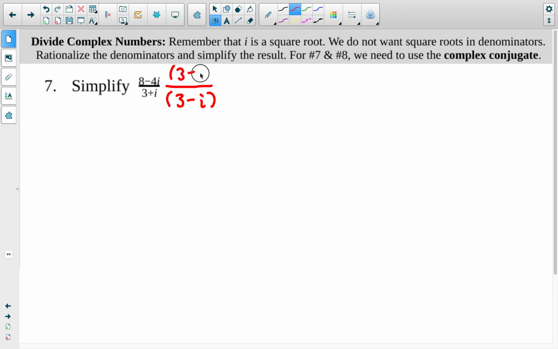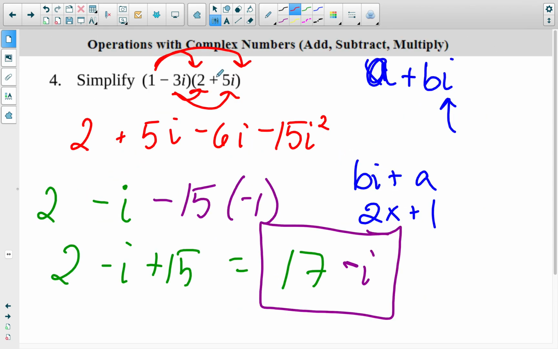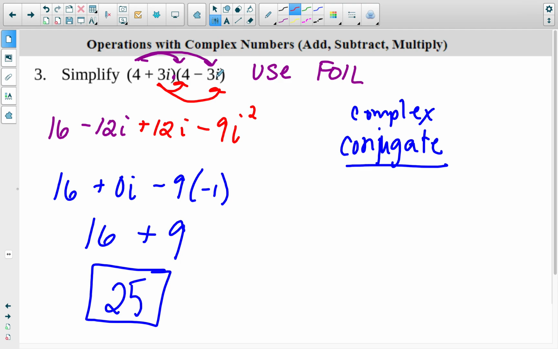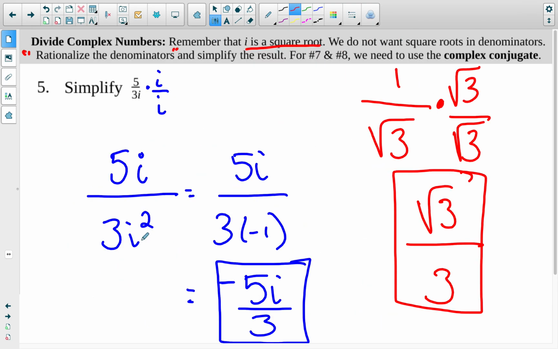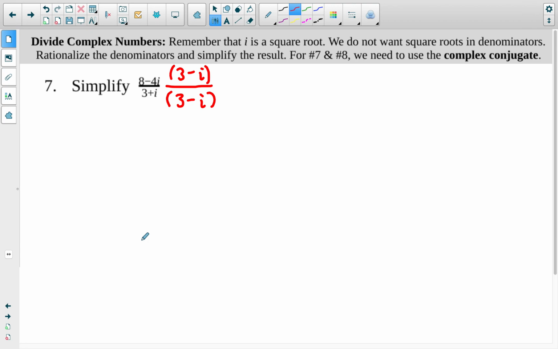Because that's what I'm doing in the denominator, that's what I want to do in the numerator as well. This is like that example back here that we saw. See how 4 plus 3i and 4 minus 3i, they're the same, 4 and 4, 3i, 3i, but it's plus and minus. When that happens, your middle term cancels out, your imaginary terms cancel, so you're just left with something that's real. So it's kind of a trick to help us out with these types of problems.